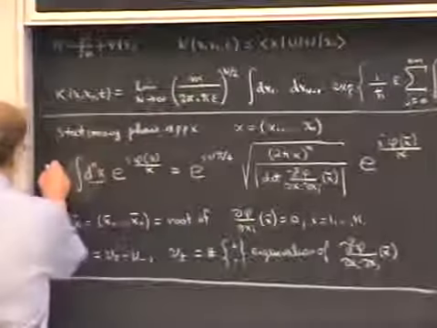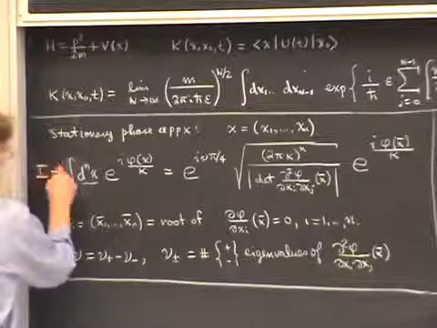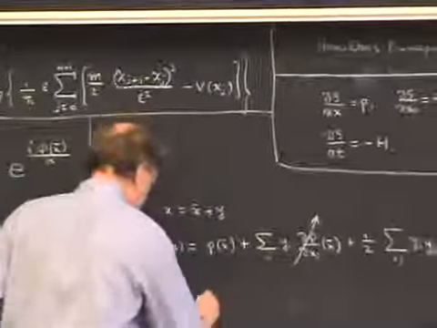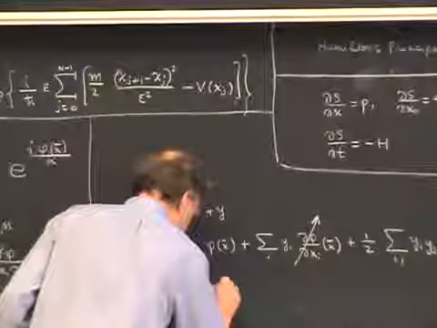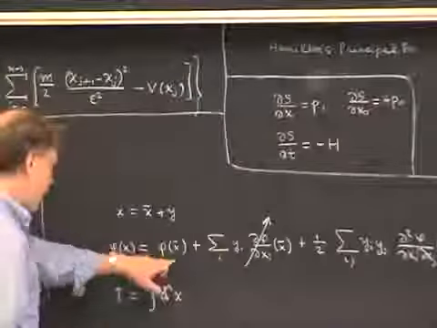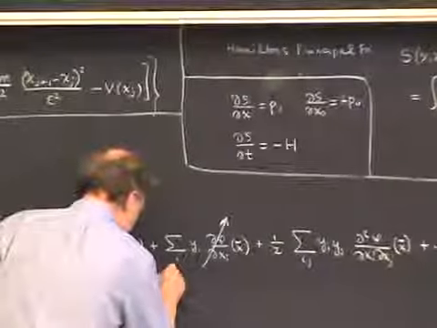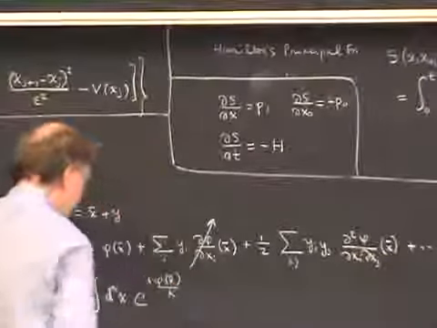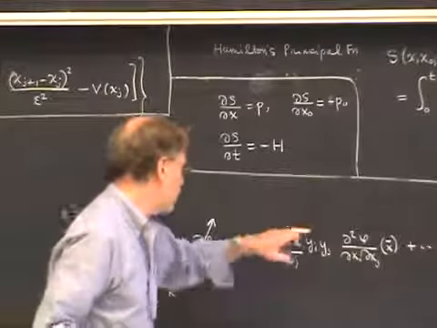If I call this integral I, just to give it a name here, the result is going to be that I is equal to an integral d^n x. And then for the phi of x bar, I'm just going to get e to the i phi of x bar over kappa. And then there's a correction from second order.